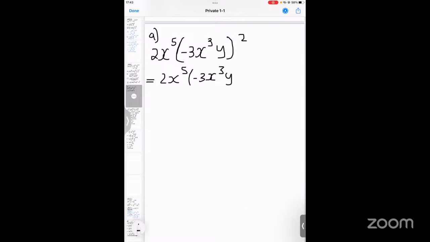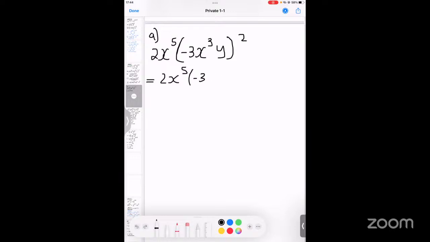Y to the power of 2 in the same bracket, close bracket. Okay. Then next you write negative. Oh, wait, I made a mistake for the first one. For the exponent, you're supposed to say times 2. Yes, times 2.